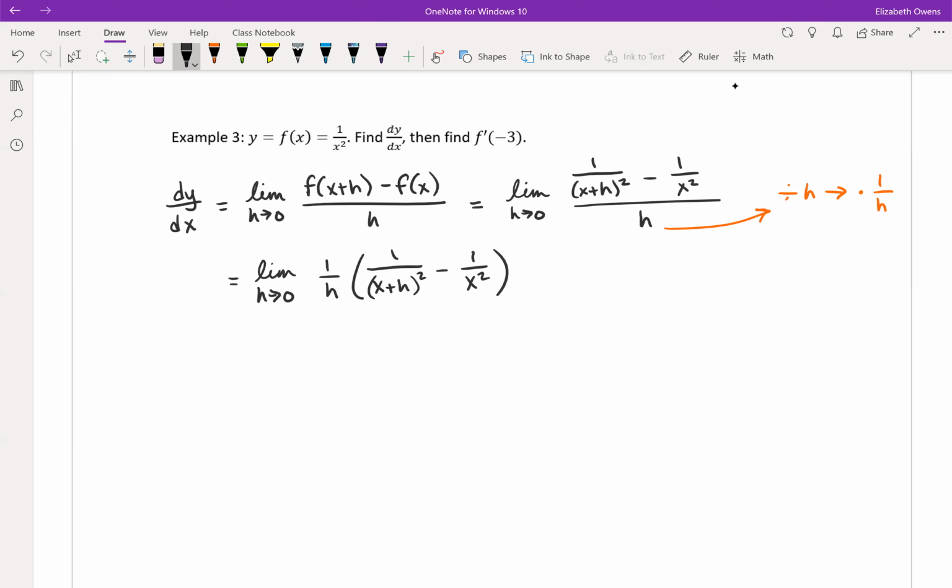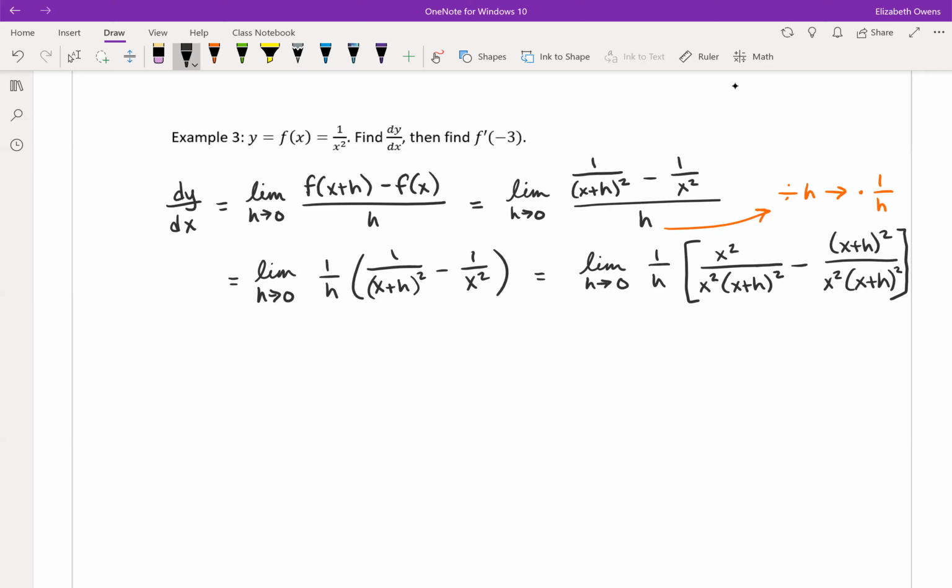All right, now we'd like to get a common denominator for these two terms. Okay, and that common denominator is going to be x plus h squared times x squared. So we'll need x squared on this first fraction. And then we'll need x plus h squared on this second fraction to get that common denominator, like so.